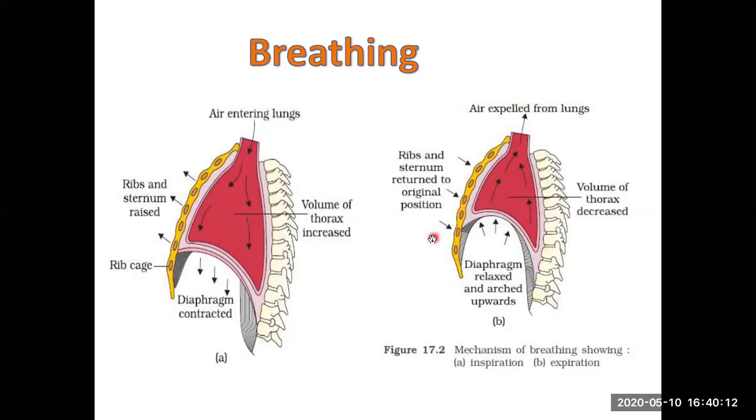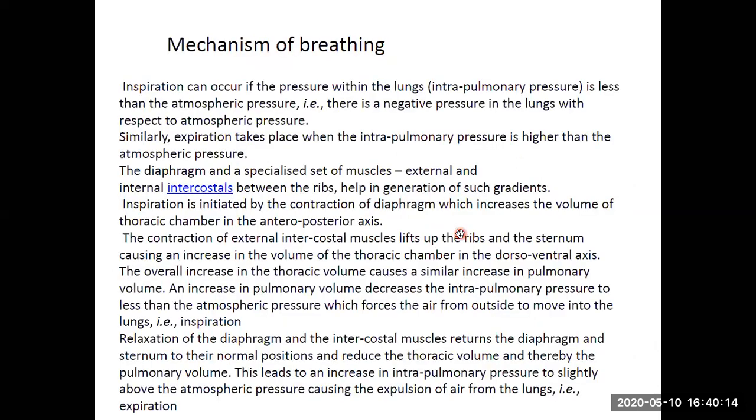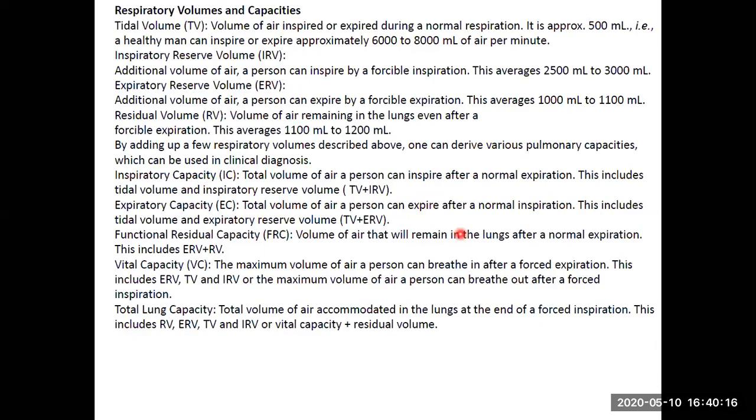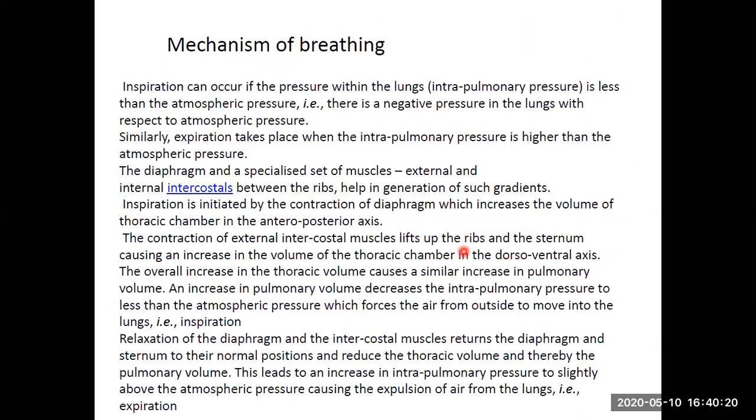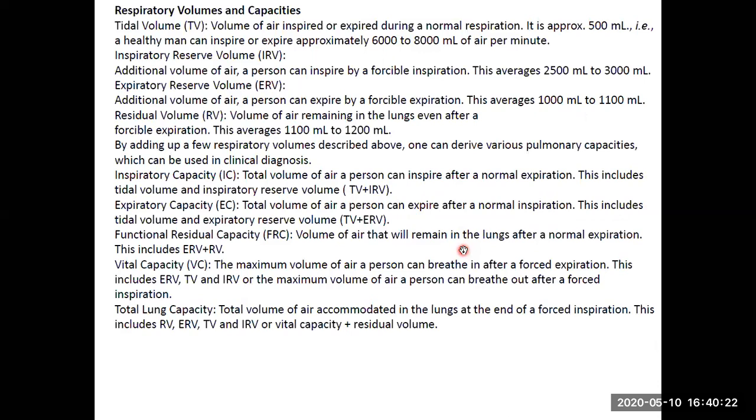This is how the process of inhalation and exhalation takes place. Three structures are always there that create the pressure gradient: the diaphragm, the sternum or chest bone, and the rib muscles, a special set of muscles.